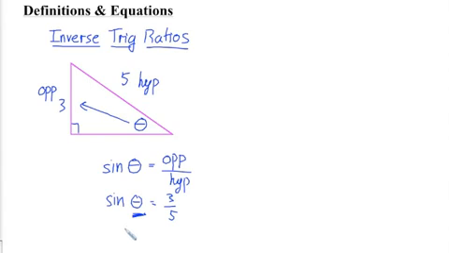So this equation, to solve for theta, is going to look like this. Theta equals the inverse of sine, which is denoted with a superscript of a -1. And I take whatever was on the right-hand side, in this case, 3 over 5, and I put it in parentheses. Now instead of taking the sine of theta, I'm taking the inverse sine of 3 over 5.